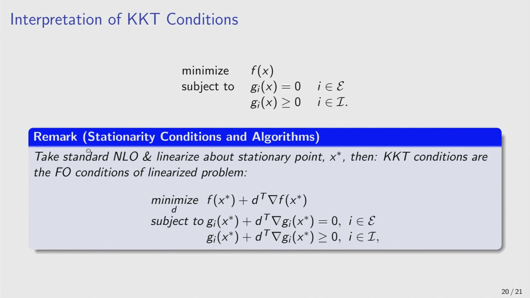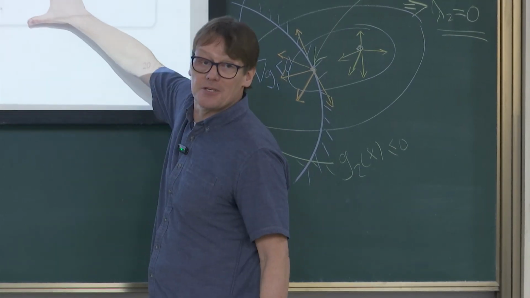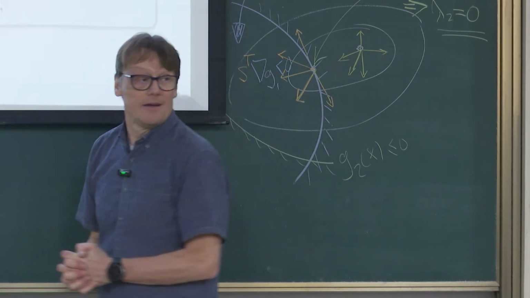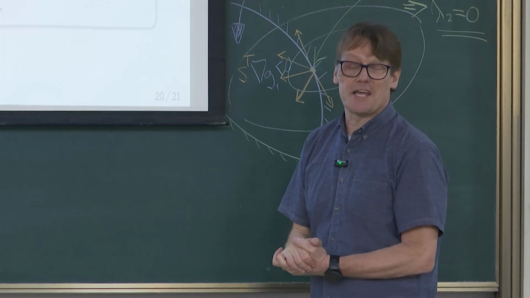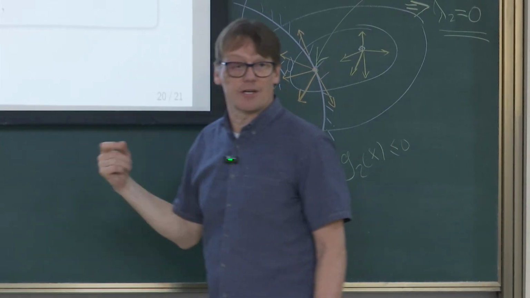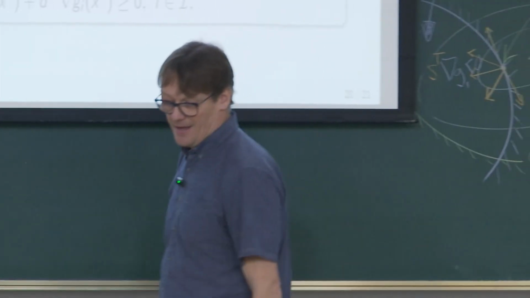If you write down the first order KKT conditions of this problem, you will get the first order KKT conditions that were on the previous page. So this is possibly a simpler way of deriving this: if we wanted an algorithm for solving this, a first attempt might be to linearize everything, take a step, and then repeat. That's a sequential linear optimization algorithm.